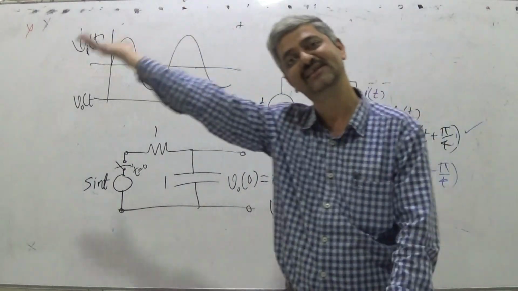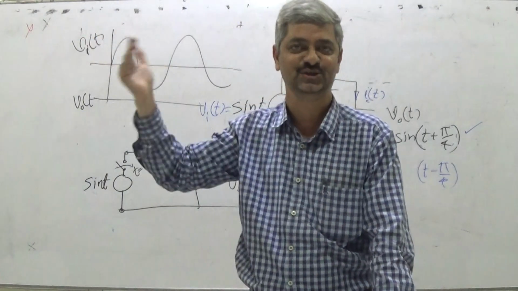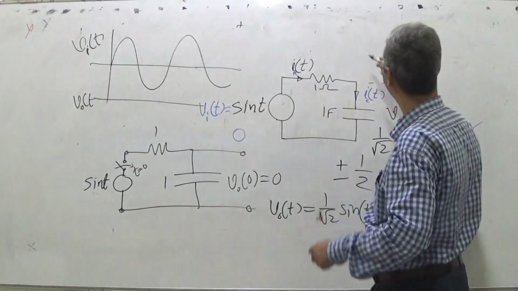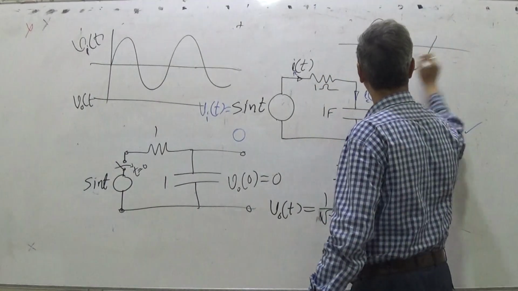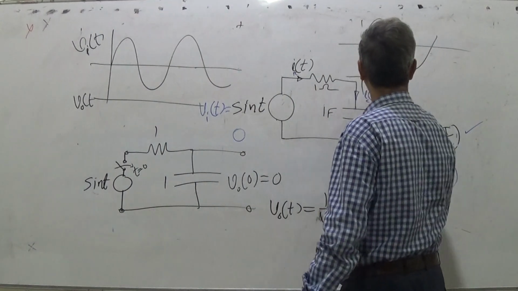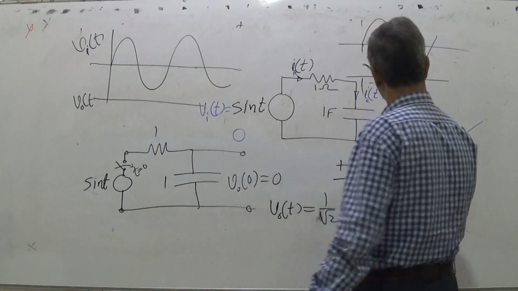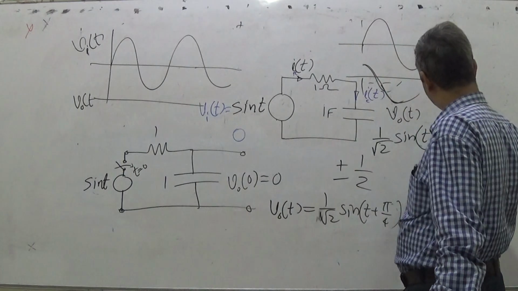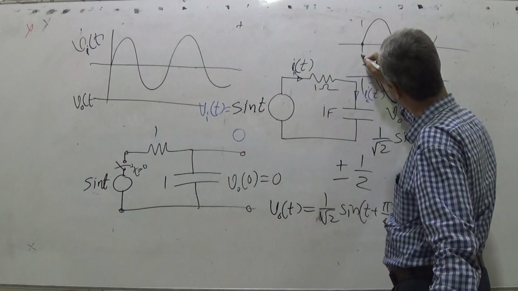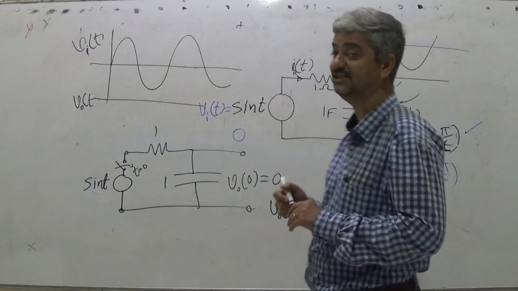So if it was started last year, then every 2 pi seconds it will come to 0. Now, when the sine waveform is like this, the output waveform here can be like this. So there is a constant phase shift of pi by 4, and voltage here is 0, voltage here is something like 1/2. That is possible, and that is called a steady state.